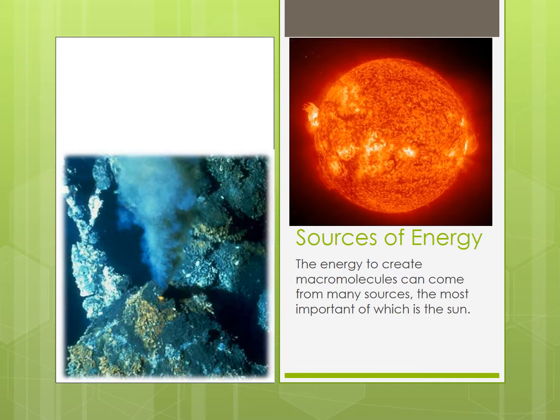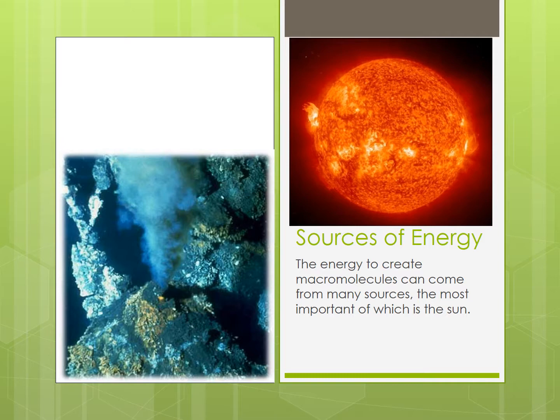If you ever get a chance to watch a documentary about or read about the organisms living at the bottom of the sea, 2 miles underwater, there are thriving communities around these vents because they're using the energy produced by the Earth's heat and the ions produced from these plumes to create life.